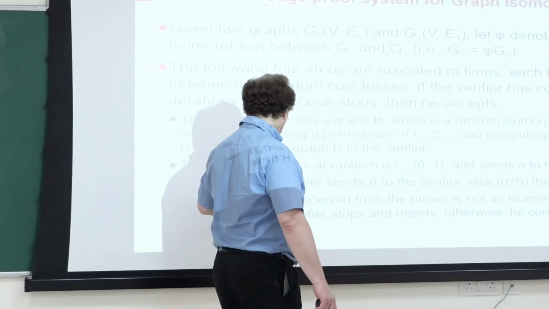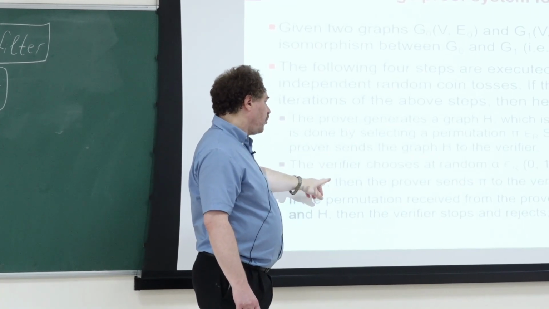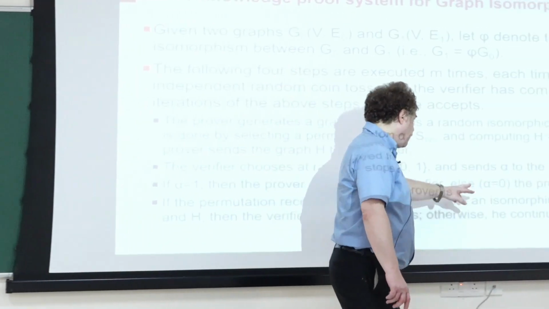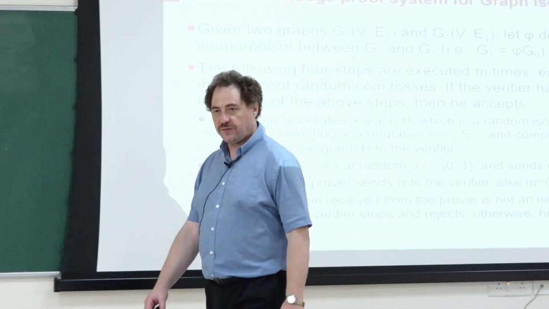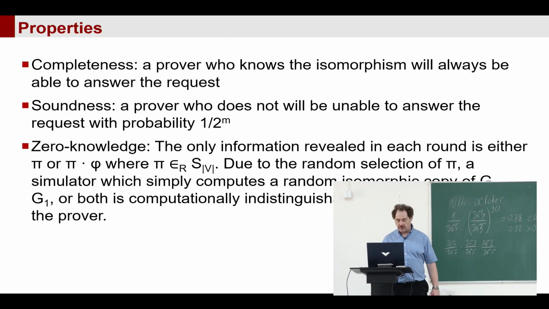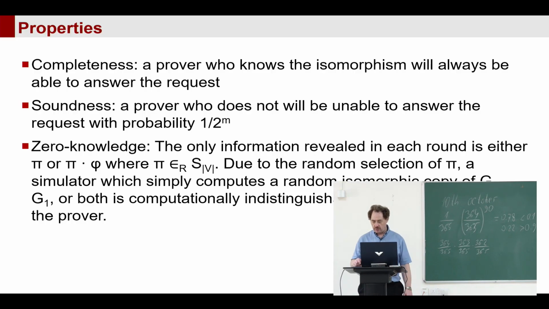So if alpha is equal to 1, the cheating prover will still be able to send a correct answer to the verifier. However, if alpha is equal to 0, then the prover would not be able to satisfy the request of the verifier. So with probability 1/2, the verification fails. And we can repeat it m times. So at the end, a prover who is cheating, who doesn't know the answer, would be able to answer the request with probability 1 divided by 2 to the n.